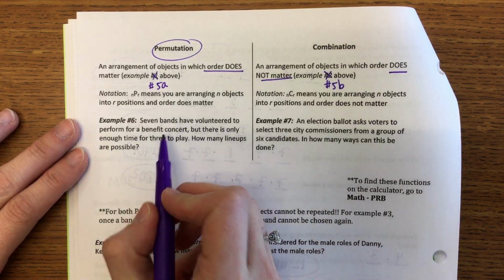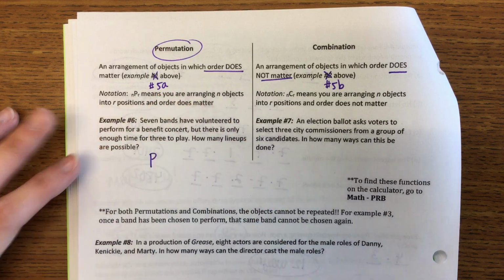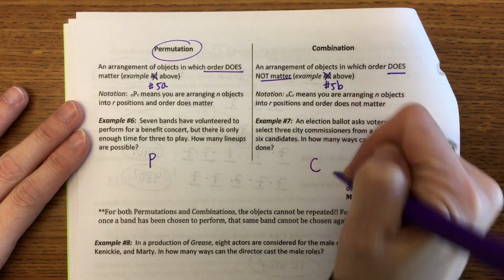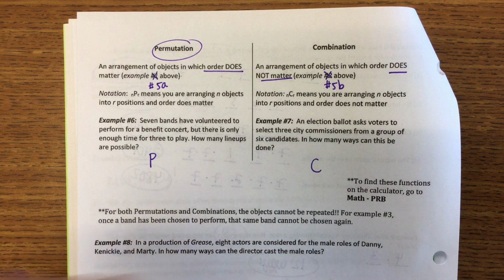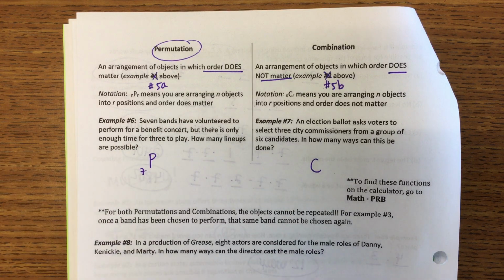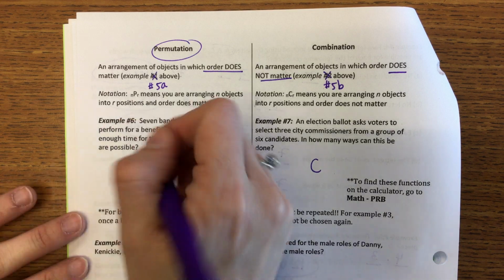Okay. The way that you denote this is a permutation is with a big P. The way you denote that this is a combination is with a C. The first number is how many options you have. So out of the bands, how many do I have to choose from? 7. And out of those seven, how many am I choosing? 3.